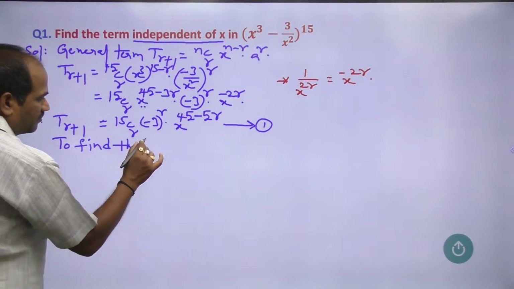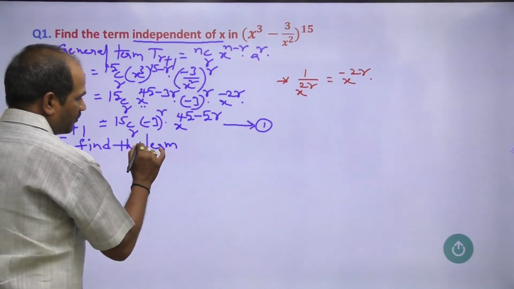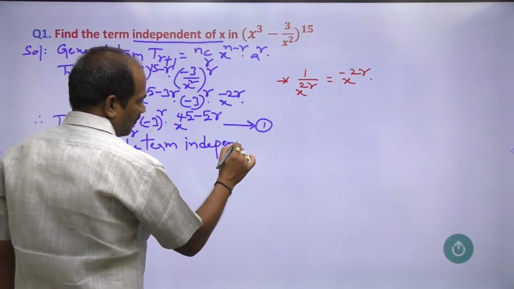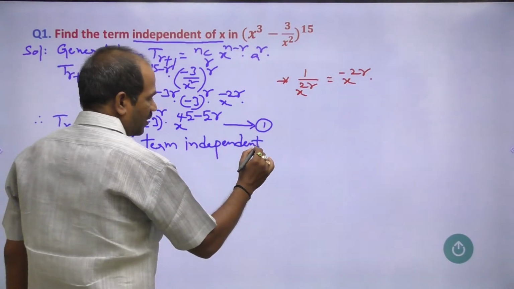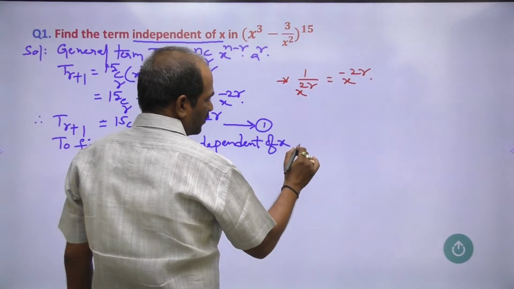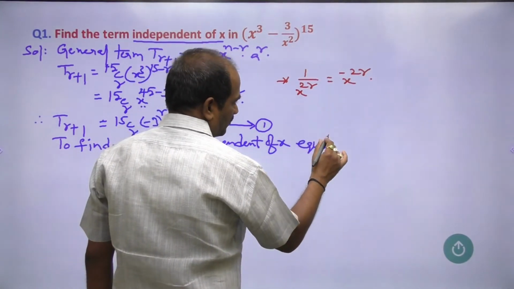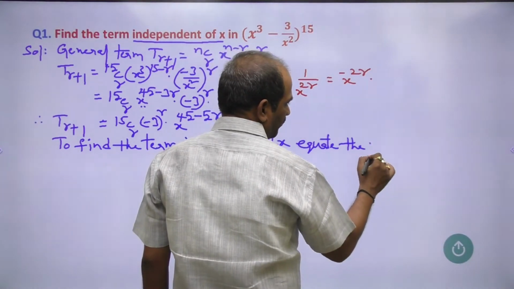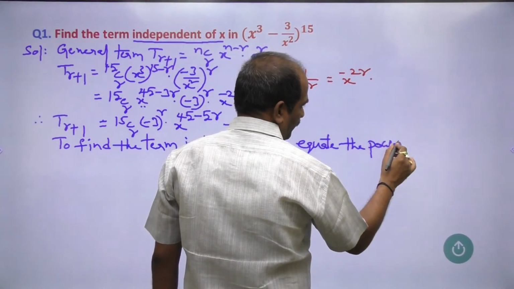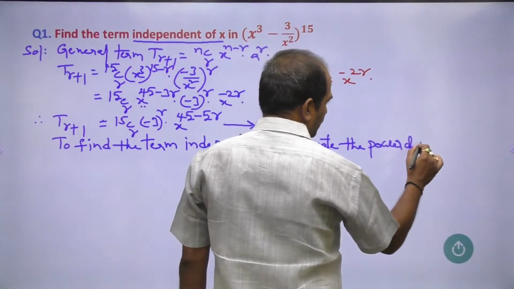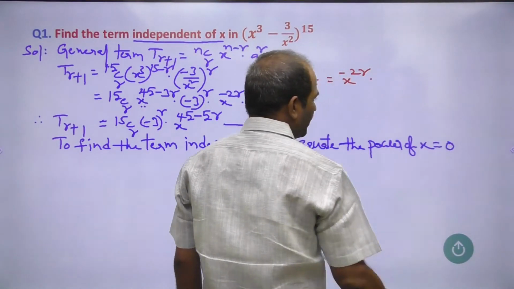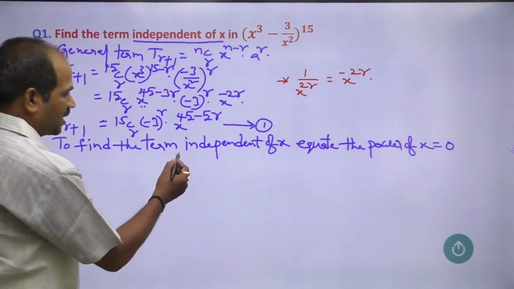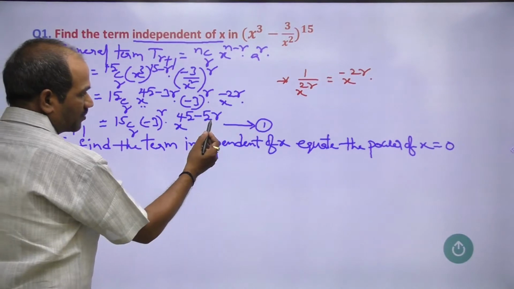To find the term independent of x, equate the power of x to 0. Independent term means x power 0.